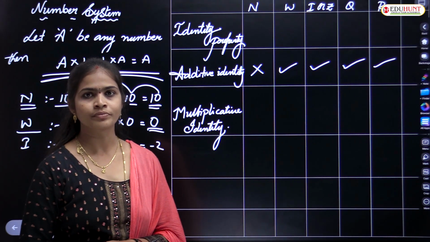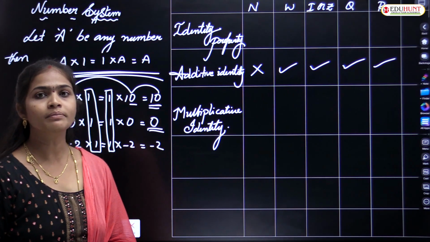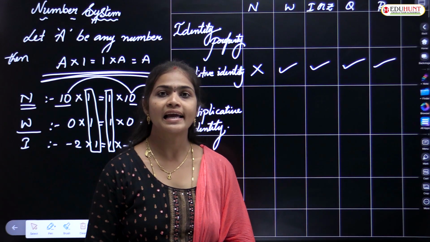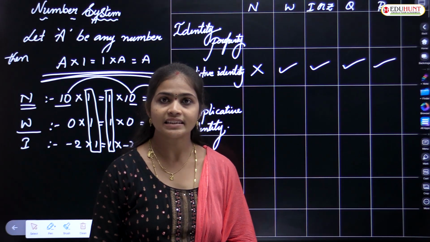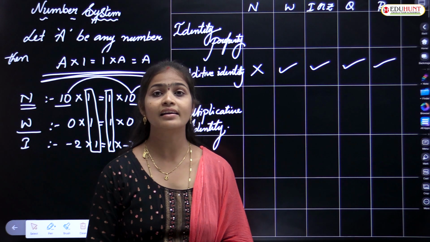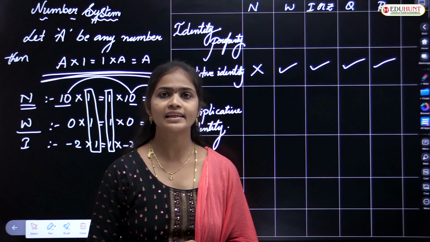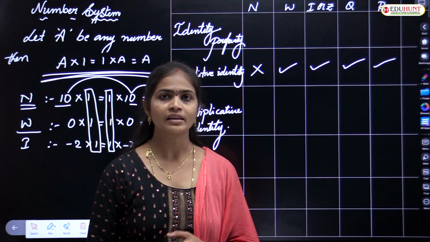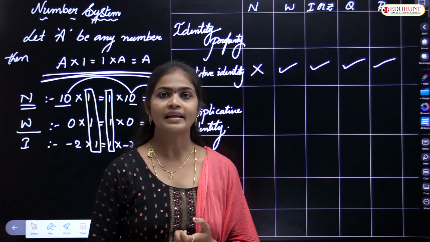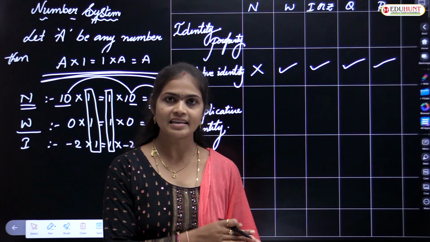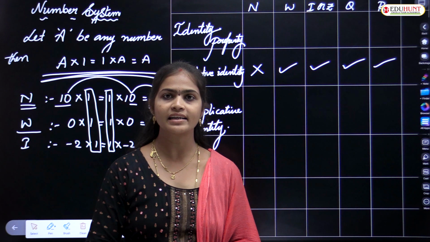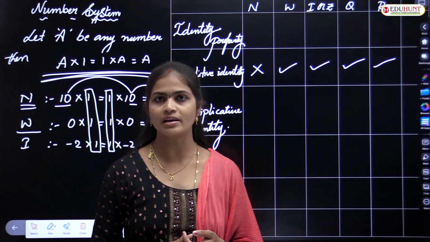Okay, I will ask you one question. Which element is called the additive identity in real numbers? So which identity is called the additive identity? That is 0, either in real numbers or rational numbers or integers or whole numbers or natural numbers.